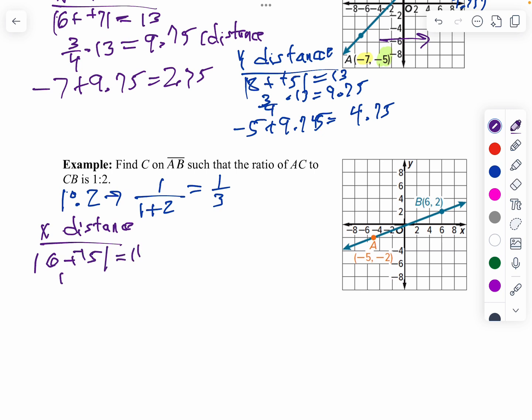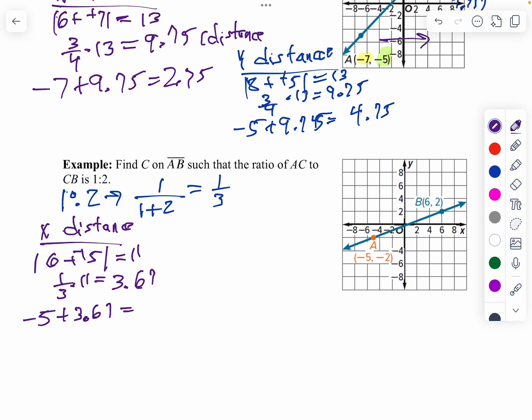I'm going to take 1/3 of 11. Well, that's 11 thirds, or 3 2/3, or 3.67, we'll say. Remember, that's not my answer. I start at -5. I'll go -5 plus 3.67.